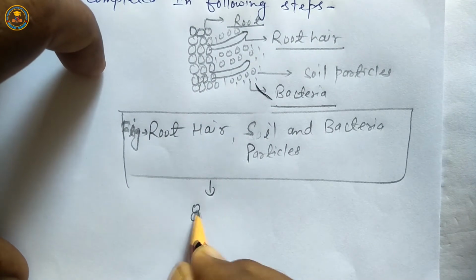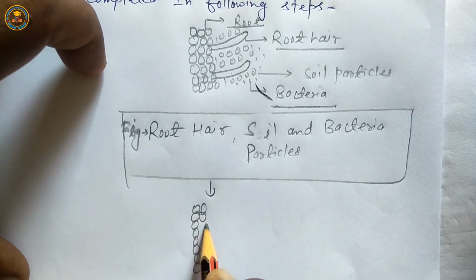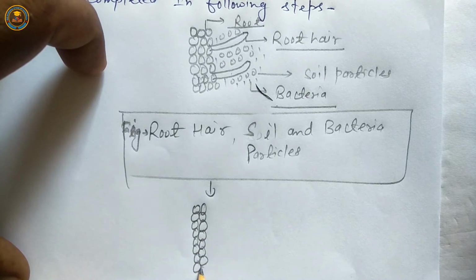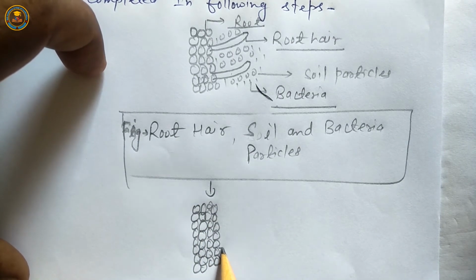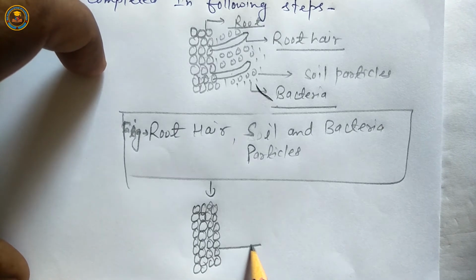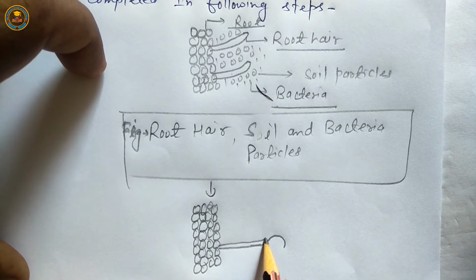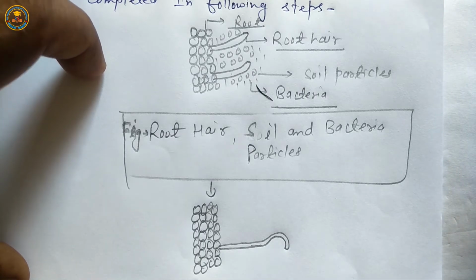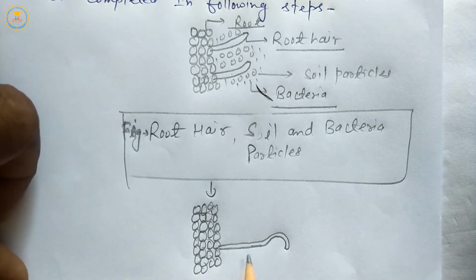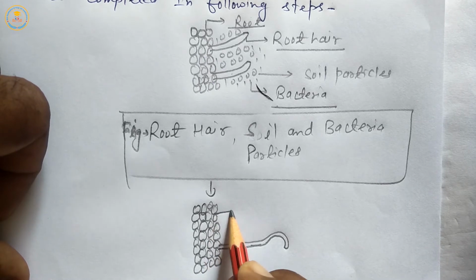Next step is when the rhizobium bacteria come near the legume plant root part, the root terminal part converts into a hook-like structure. Once again, when the rhizobium bacteria are attracted to the root part of the legume plant, the root part converts into a hook-like structure.